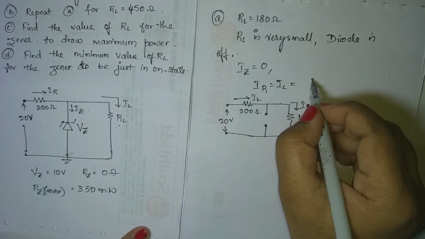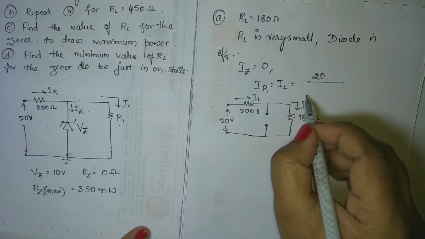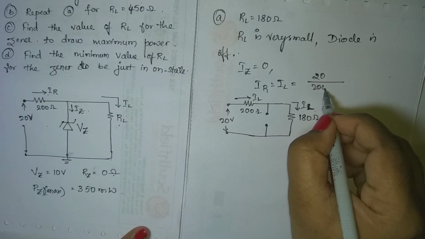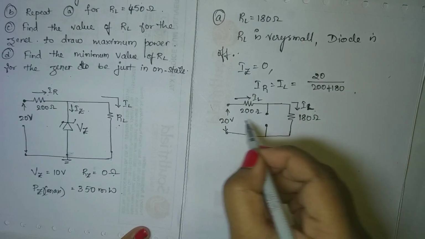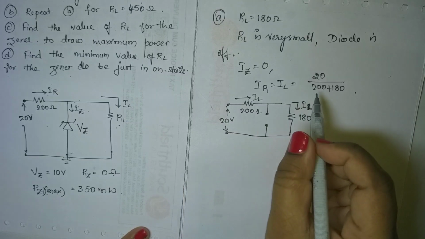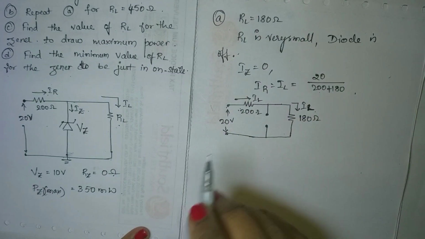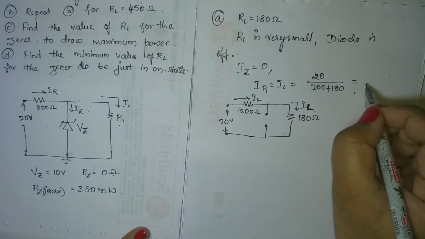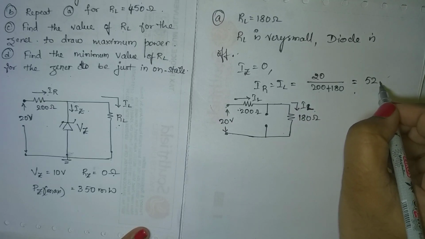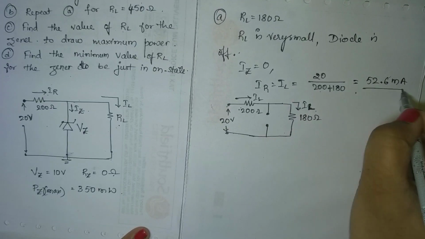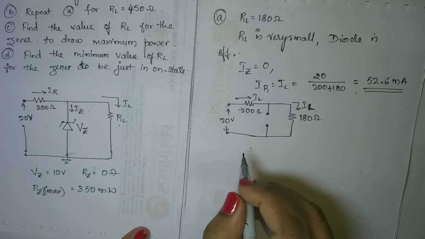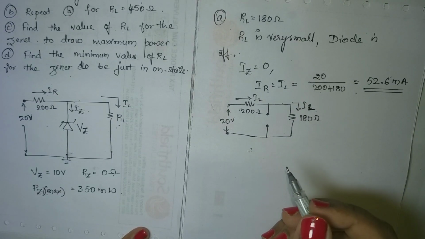IL is equal to 20 volts divided by 200 plus 180. What is 20? It is the applied voltage. 200 plus 180 is the total resistance of this loop. So IR and IL will be equal to 52.6 milliamps.